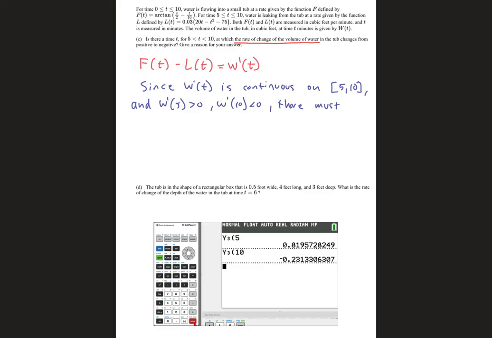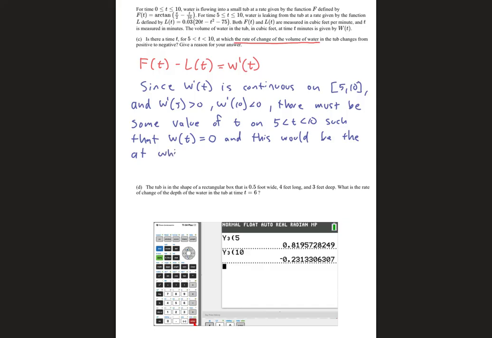There must be some t such that w prime of t equals 0, and this would be the point at which w prime of t, oops, sorry, w prime of t would change from positive to negative.